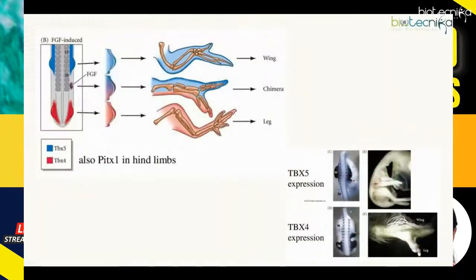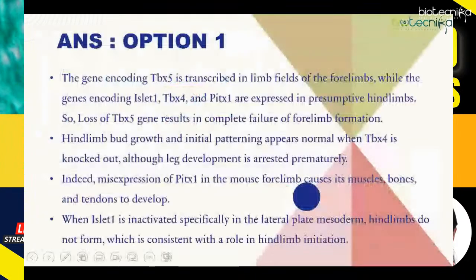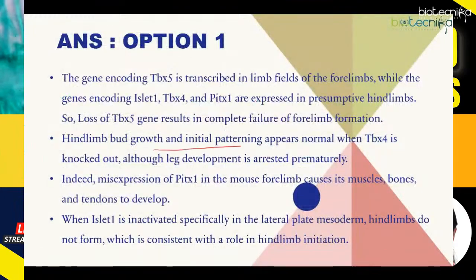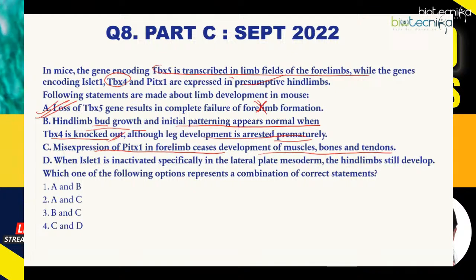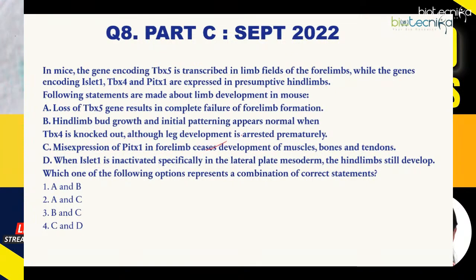PITX1 is expressed in the hind limbs, but not in the forelimbs, and you can see TBX5 expression only in the forelimb part, but not in the hind limb part. So leg development will be arrested, but misexpression of PITX1 in the mouse will cause muscles, bones and tendons to develop, while here it says it will cease the development.